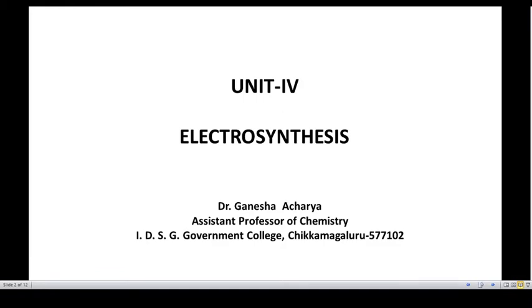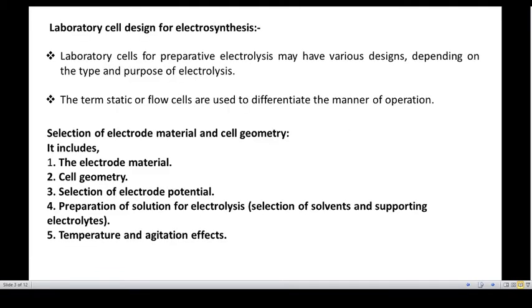Myself, Dr. Ganesh Acharya. In laboratory cell design, it is very important to consider how to construct a synthetic cell or electrolytic cell for preparative purposes.